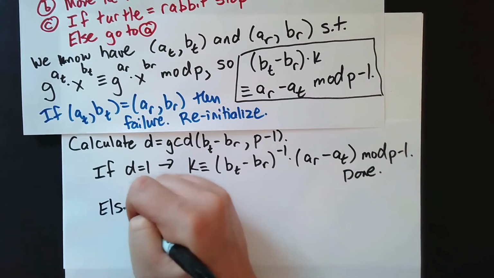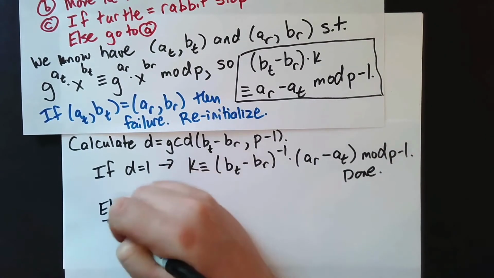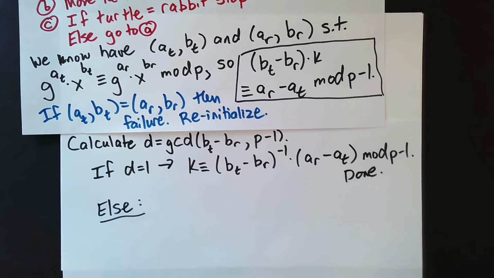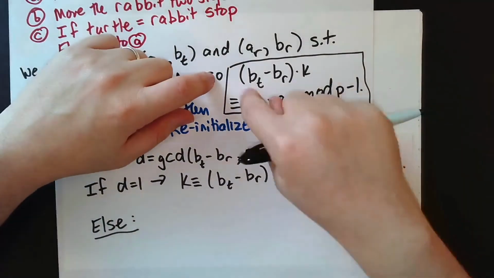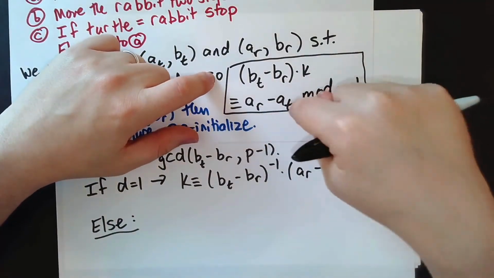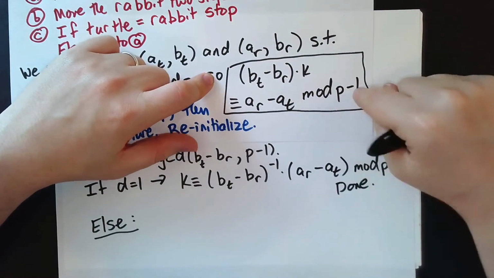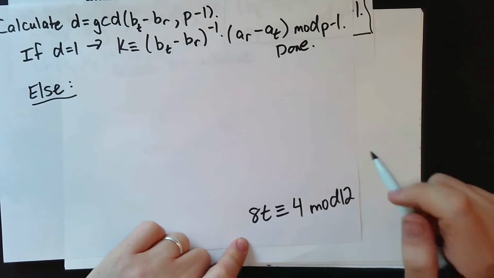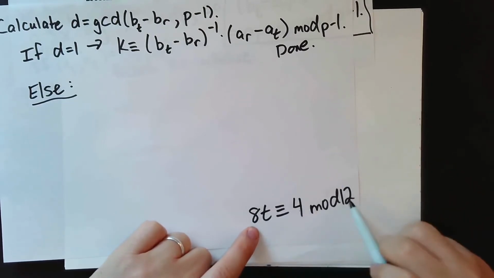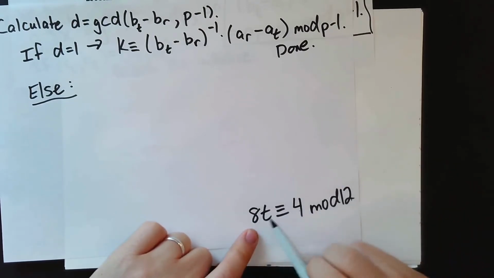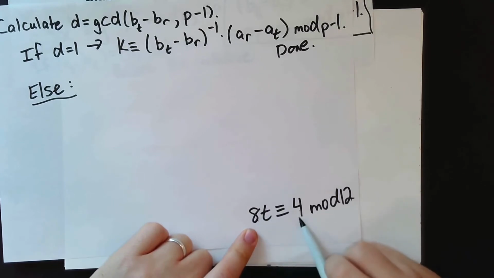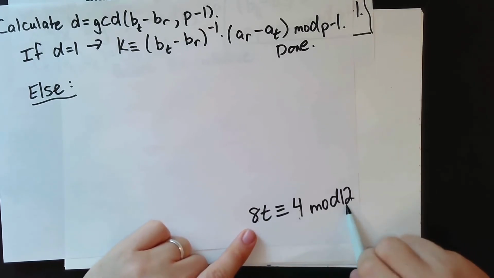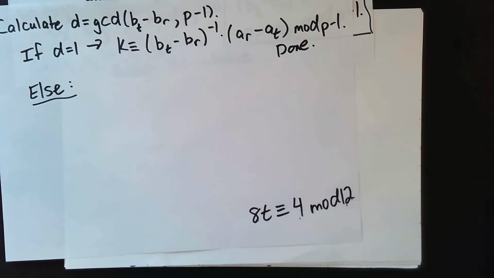Otherwise, what's going on is we have here a congruence where there's some number that divides BT minus BR, AR minus AT, and P minus 1. So we have some situation that looks something like this, where there's actually a number, in this case 4, that divides not just both of these terms, but also the modulus. And here's an operation that we've not done before, but that you can convince yourself you can do.